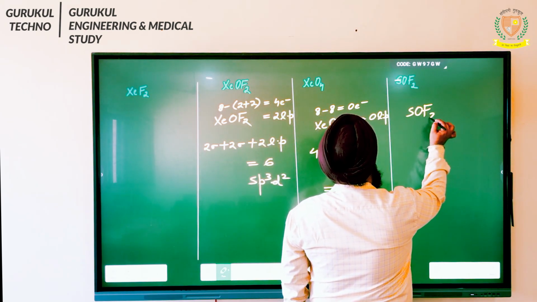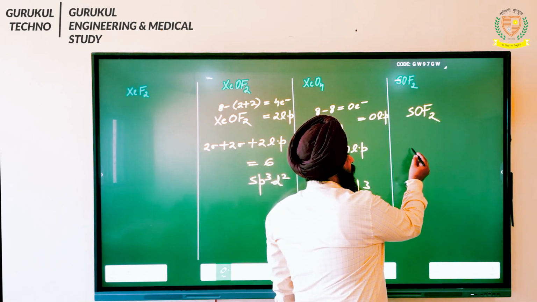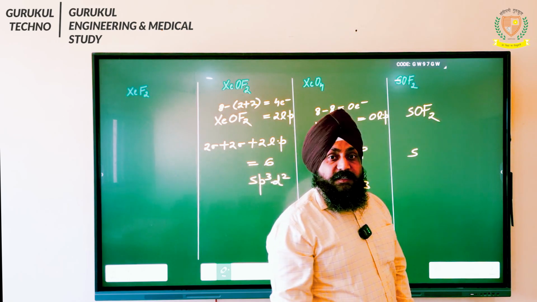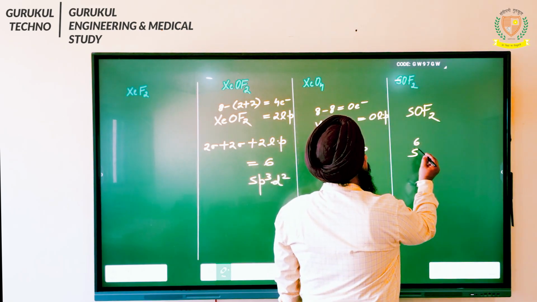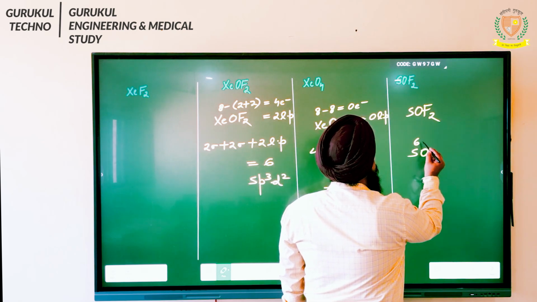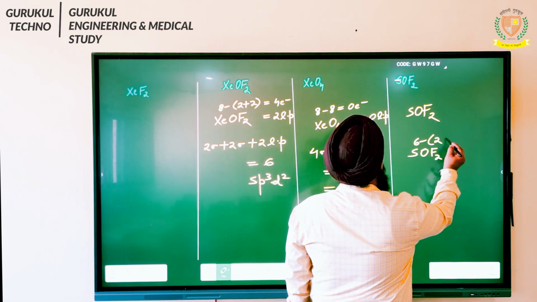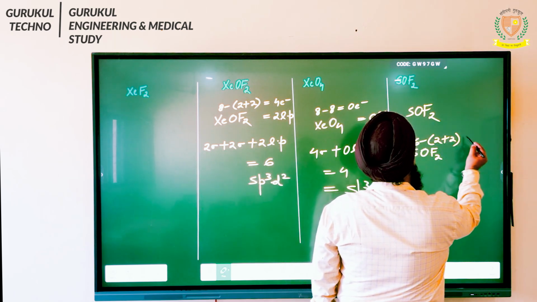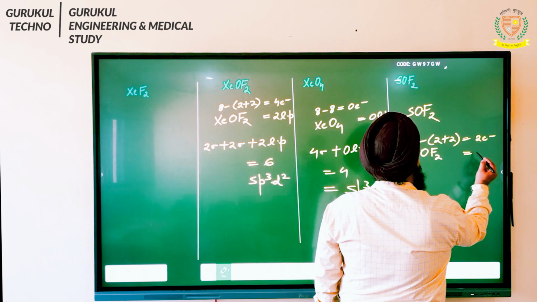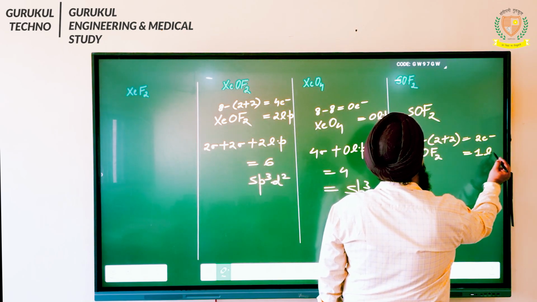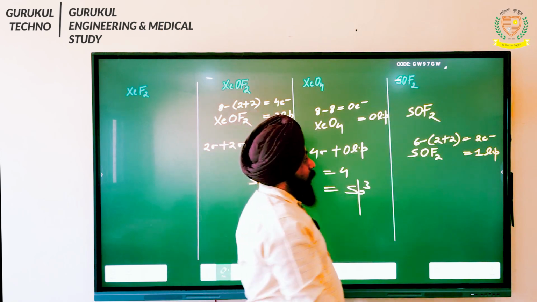Likewise students, here we have another example. It is going to be SOF2. See, when I say sulfur, sulfur belongs to the oxygen family. So it will have 6 electrons in its valence shell. Then this O is going to be 2, and this F2 will be another 2. So here it will be coming to 2 electrons. 2 electrons means it will be 1 lone pair.